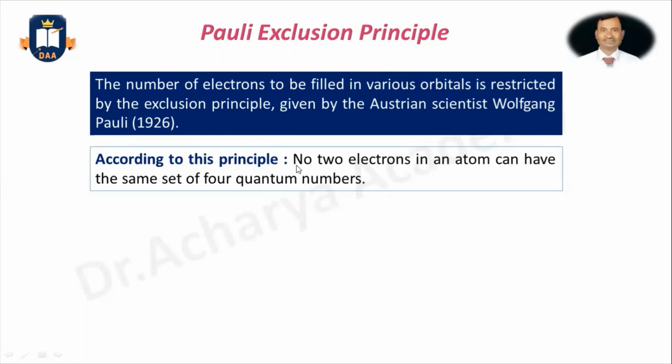According to this principle, no two electrons in an atom can have the same set of 4 quantum numbers. That means every electron will have a unique set of 4 quantum numbers.